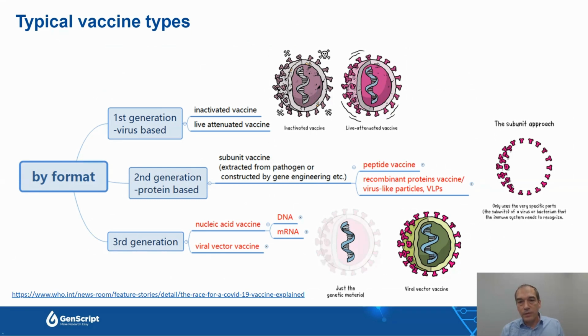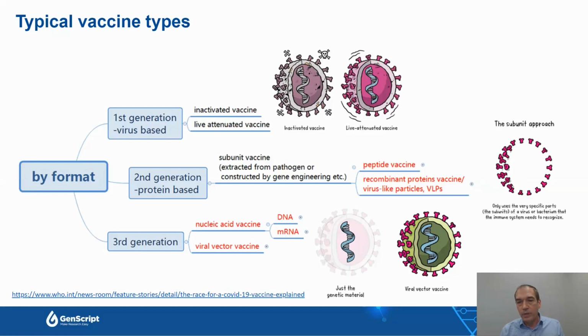So what is typical vaccine workflow and what are the typical vaccines that are on the market? According to the WHO website, there are 3 generations of vaccines. The first generation of vaccine was mostly virus-based. Those were either inactivated virus or live-attenuated virus. Then the second generation was mostly subunit vaccine, where antigen basically is extracted from the virus or is constructed by genetic engineering means.